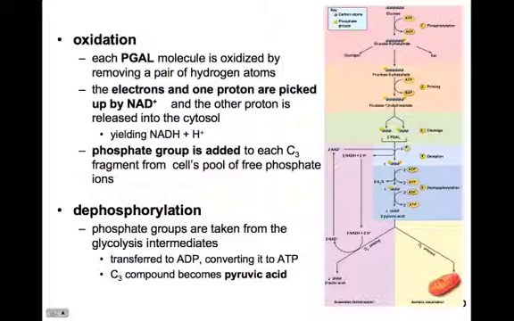Now we'll move into dephosphorylation. This is where we strip the phosphates off and add them to ATP. The phosphate groups are taken from intermediates in glycolysis. We're not worrying about what their names are here. They're transferred onto ADP, so ADP comes in here, picks up phosphate to become ATP.